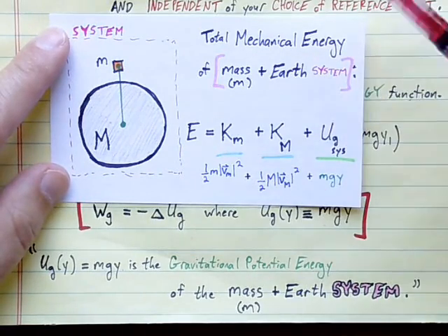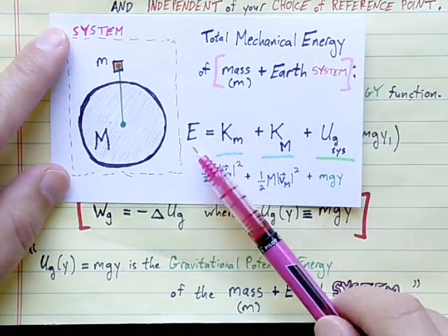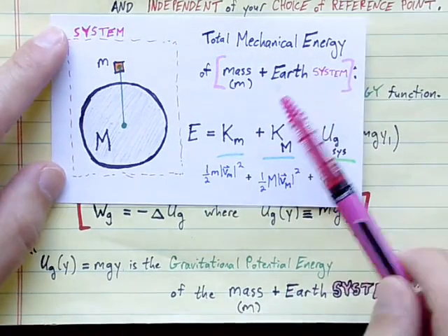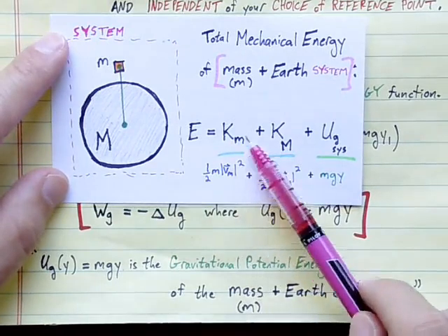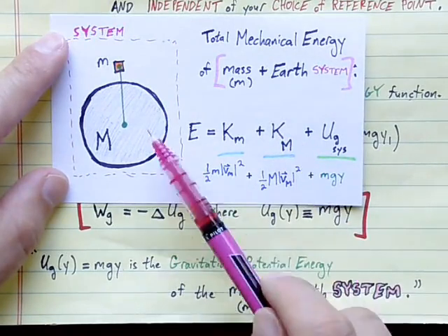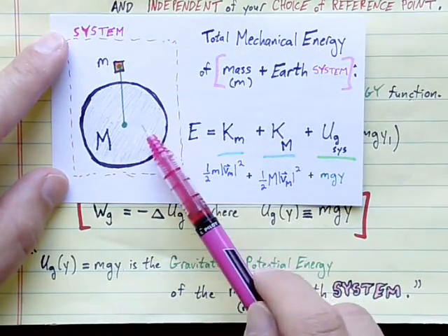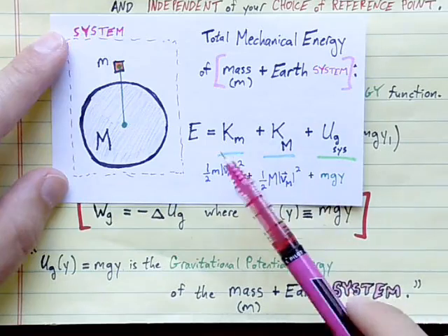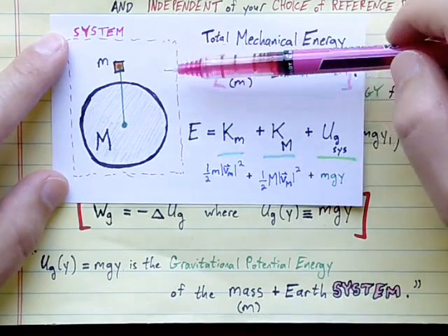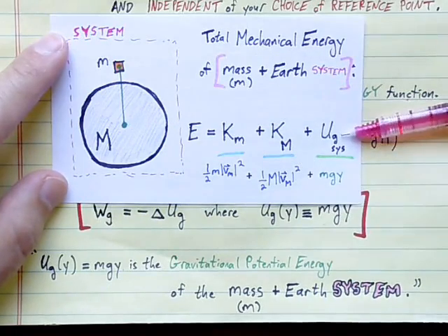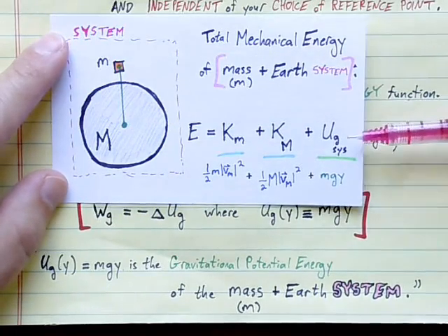Now I know I'm getting a bit ahead of things here because we haven't really introduced total mechanical energy yet, but we will soon. The total mechanical energy of this system includes the kinetic energy of this little mass if it's moving around, the kinetic energy of the whole planet Earth if the whole Earth is moving. So each of these individual objects could have some kinetic energy. But it's the combination of the pair of them that possesses the potential energy. It's the system that has potential energy.